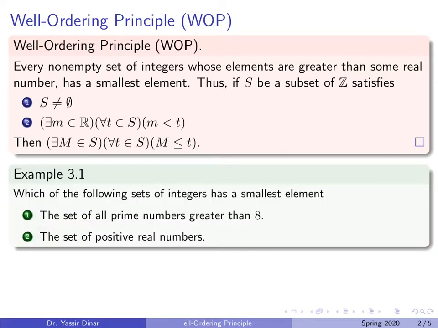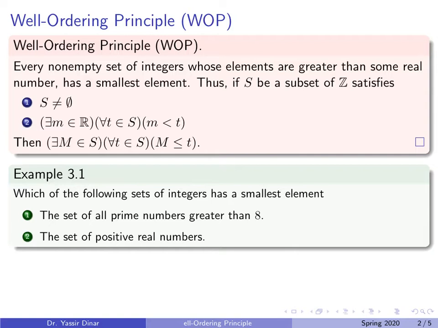Let's discuss in this example how we can use the well-ordering principle. The question: which of the following sets of integers has the smallest element? The first one is the set of all prime numbers greater than 8, and the second one is the set of positive real numbers.